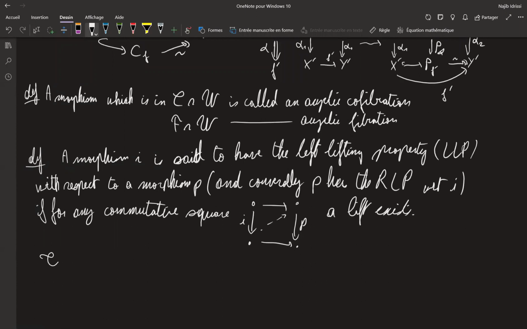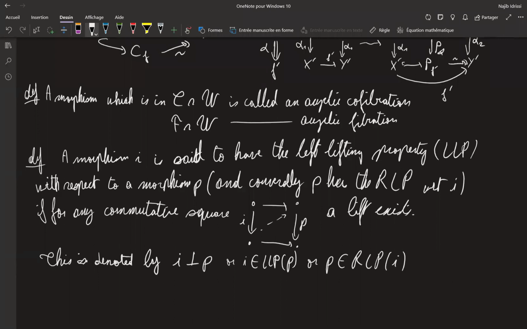This is denoted by I is orthogonal to P, which is not really a relationship with linear algebra, it's just a notation. Or I is in LLP of P, or P is in RLP of I, right?